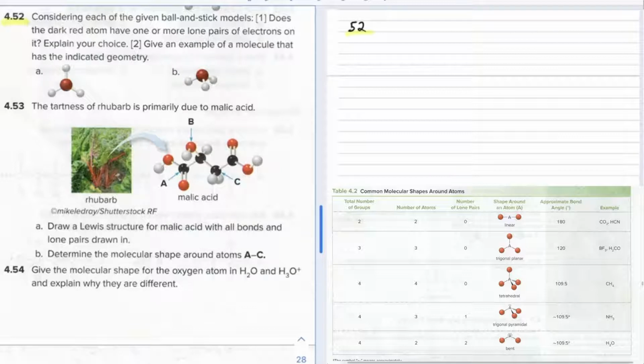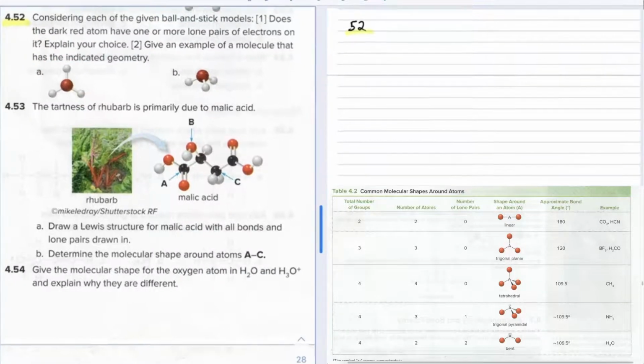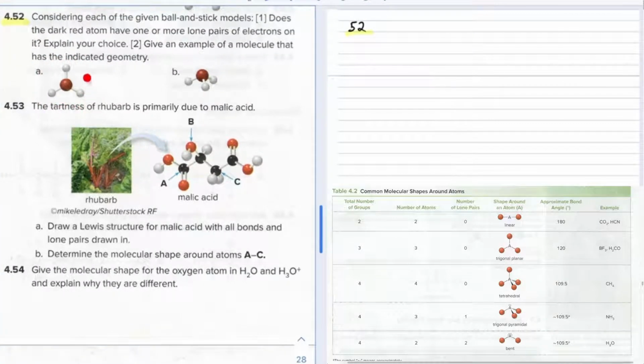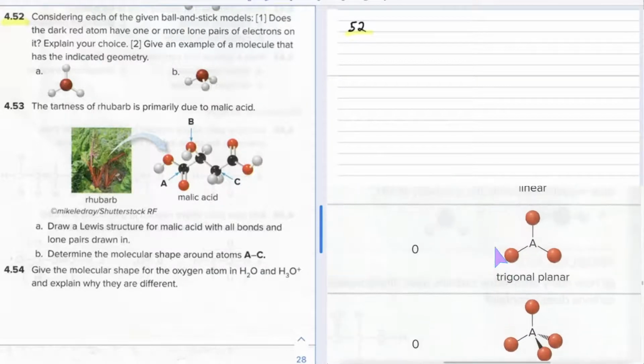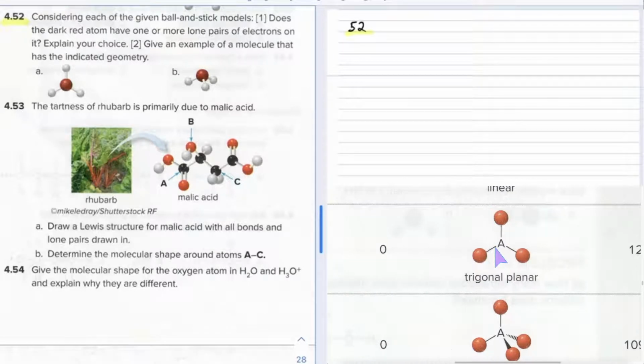So table 4.2, first of all, looking at this one, this looks like a perfect triangle. This is the trigonal planar geometry, and here are all the geometries. You can see that this one is that one. It's called trigonal planar, so I'll label that one trigonal planar.